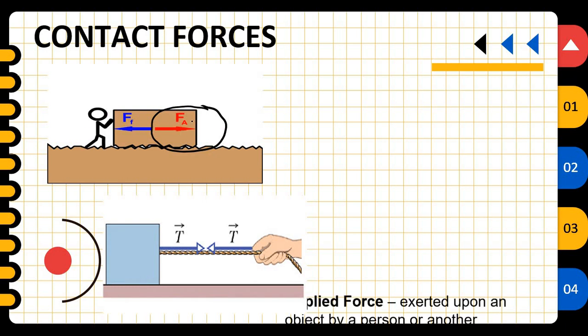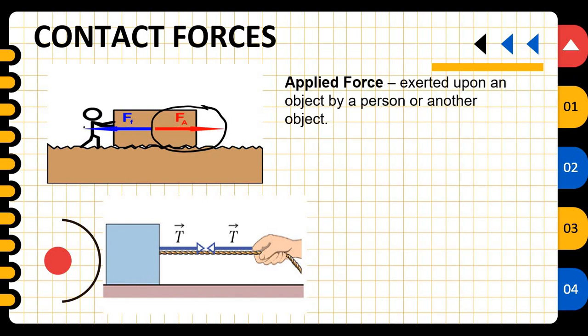So applied force happens when a body exerts a force upon another body. So in this example, we have here the stickman pushing the box. So basically, the stickman applied a force towards the box so that it could move, right? So that is the basic idea of applied forces.